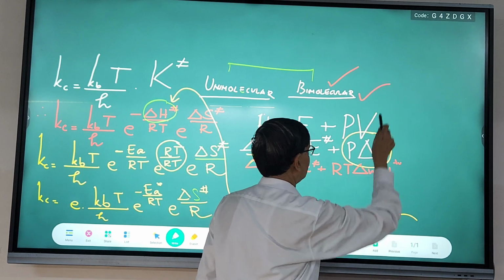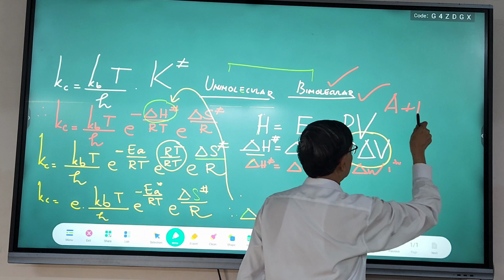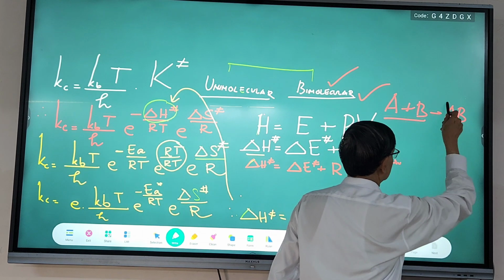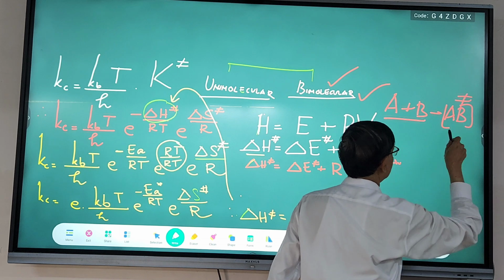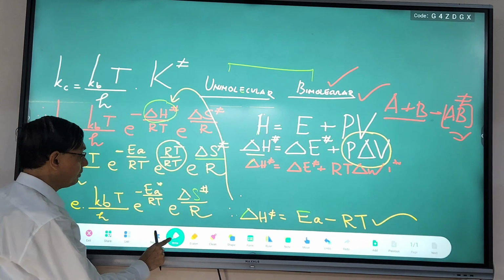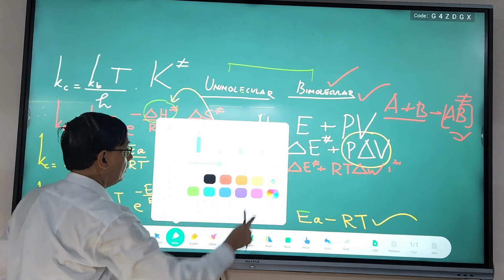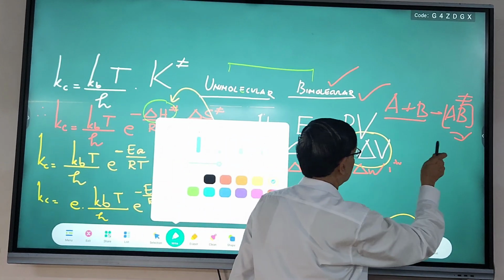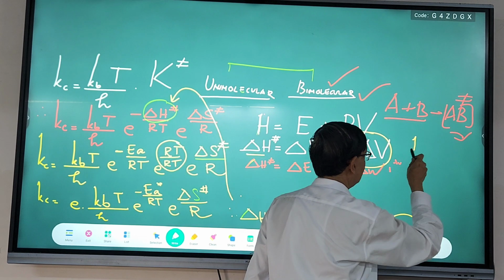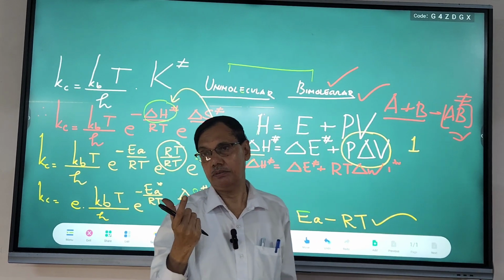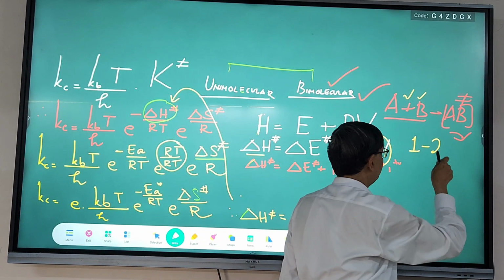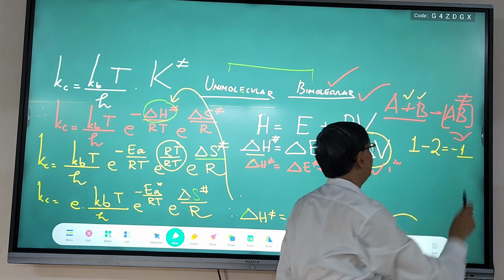Again, it is for the bimolecular reaction, A + B giving this single entity of the activated complex, and then of course the product. You can very easily calculate that the number of moles of the product is 1, because it is a transition state, and the number of moles of the reactants is 2. So delta n is equal to minus 1.